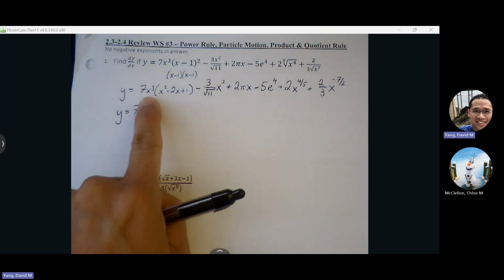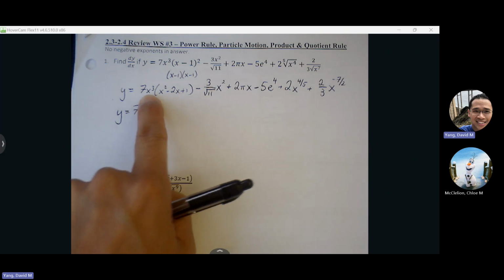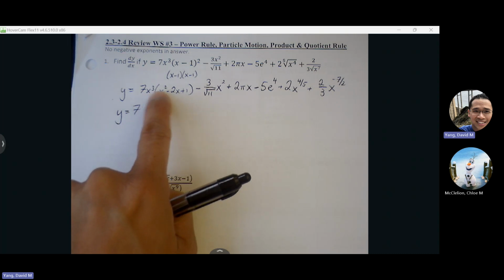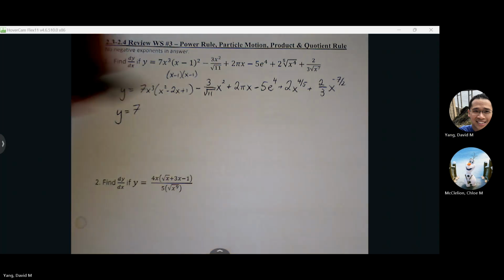And then as I distribute my coefficients, my expression term in front of my parentheses, I'm going to have to multiply the 7x cubed. And as I multiply variables, remember, you're going to be adding exponents.